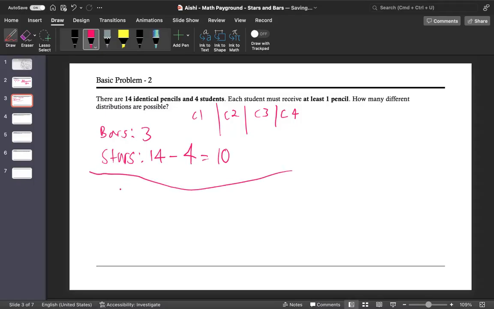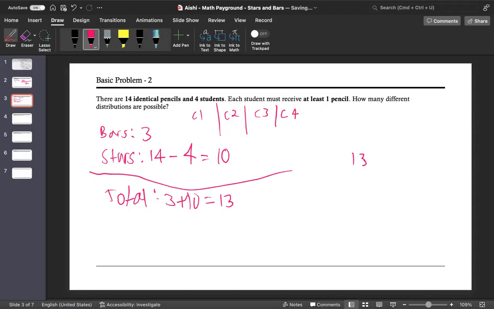So now total objects here will be 3 plus 10, which is 13. So now there are 3 bars. So how many ways can you place 3 bars in 13 objects?